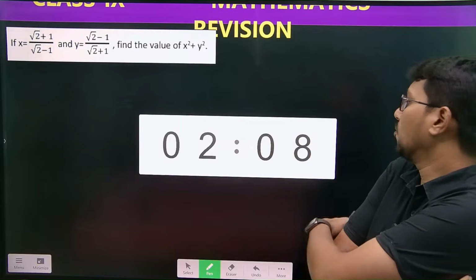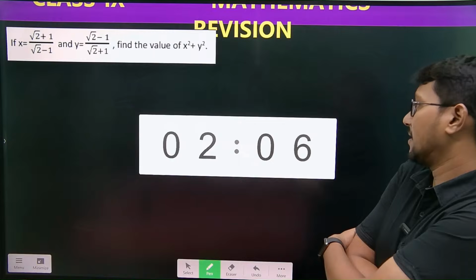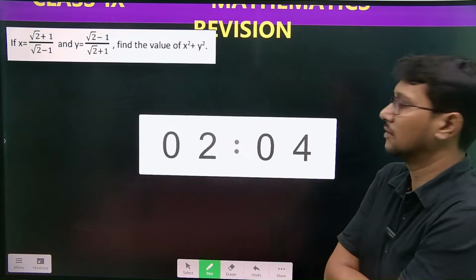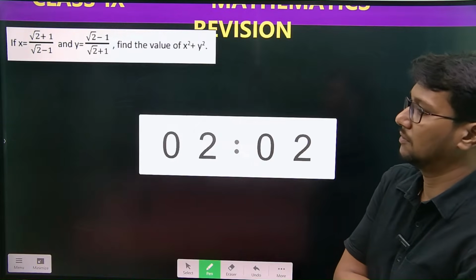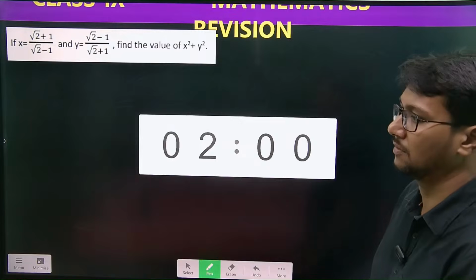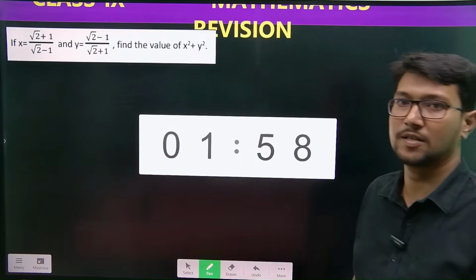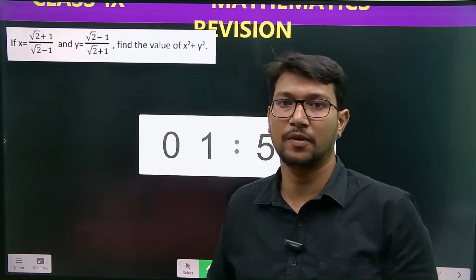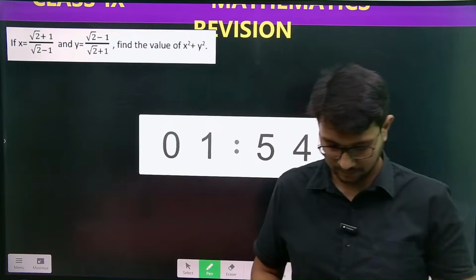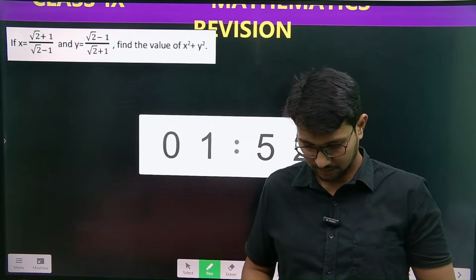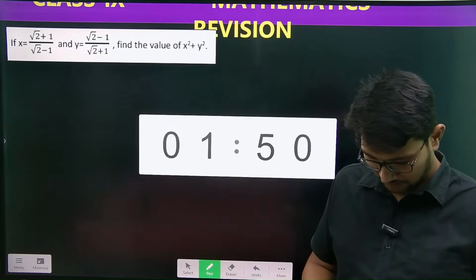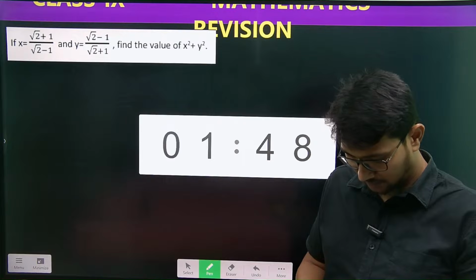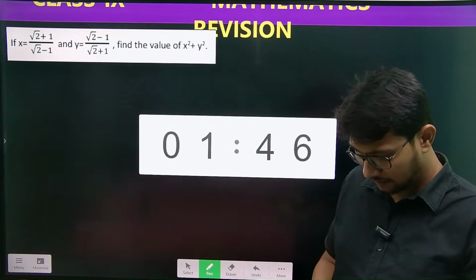Only 2 minutes and 8 seconds, 7 seconds left. Finish करो, finish it up immediately. Who got it? Answer is 34.